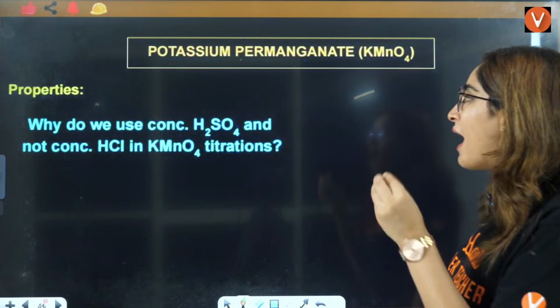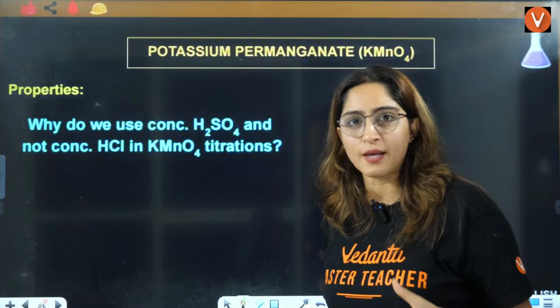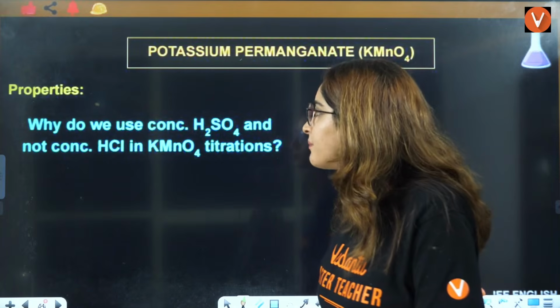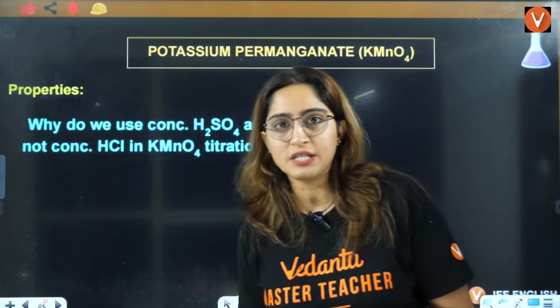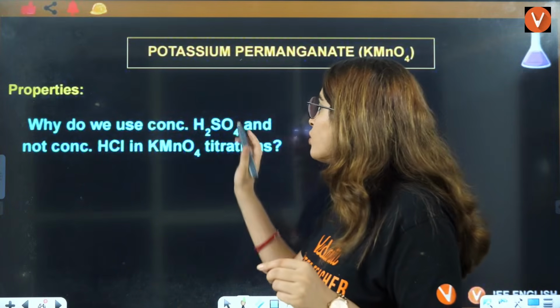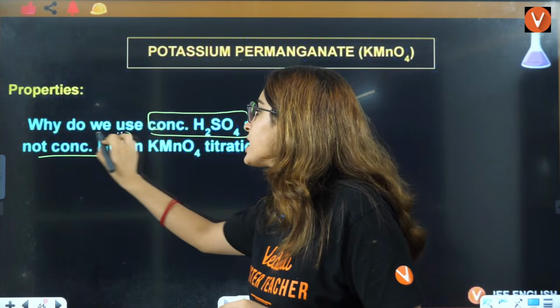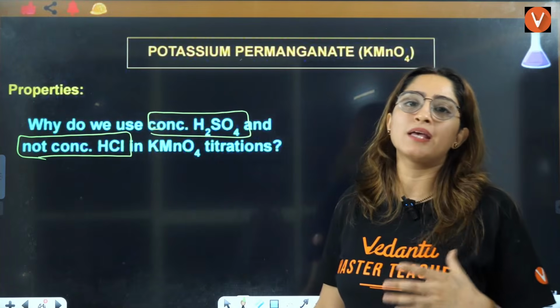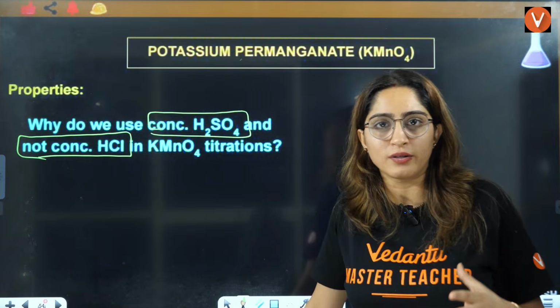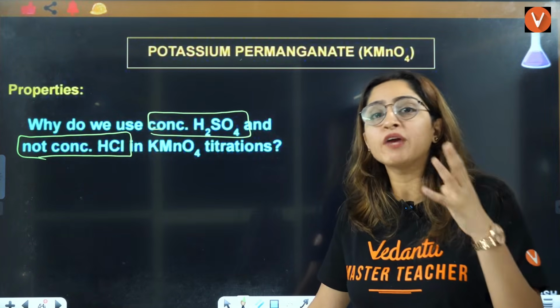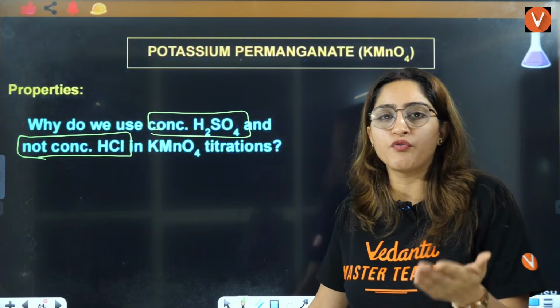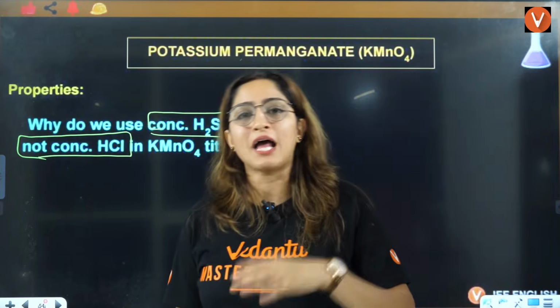So next, now this is a conceptual question, let's understand this. In titrations, what we do is we use concentrated H2SO4, not concentrated HCl. Now, a statement-based question can be asked here. Why do we use concentrated H2SO4 in titrations of potassium permanganate?